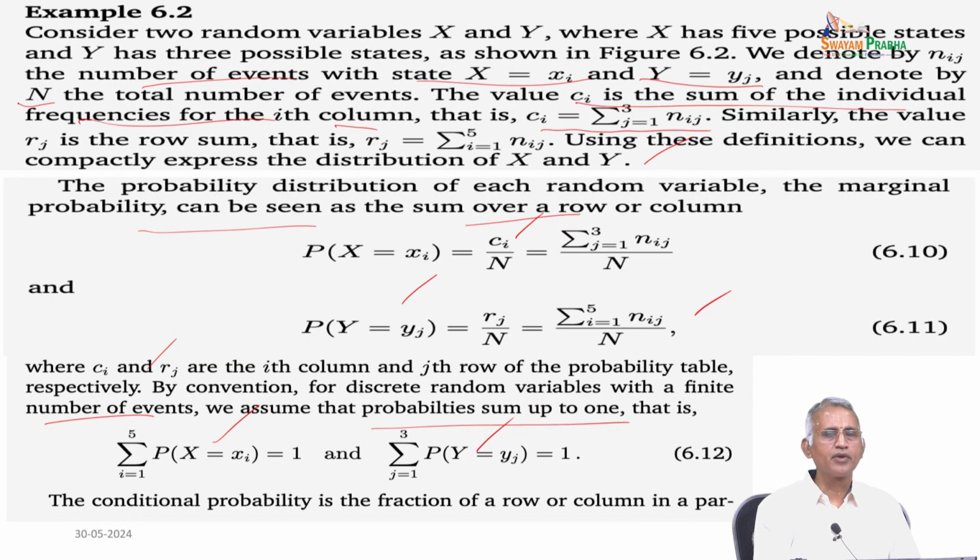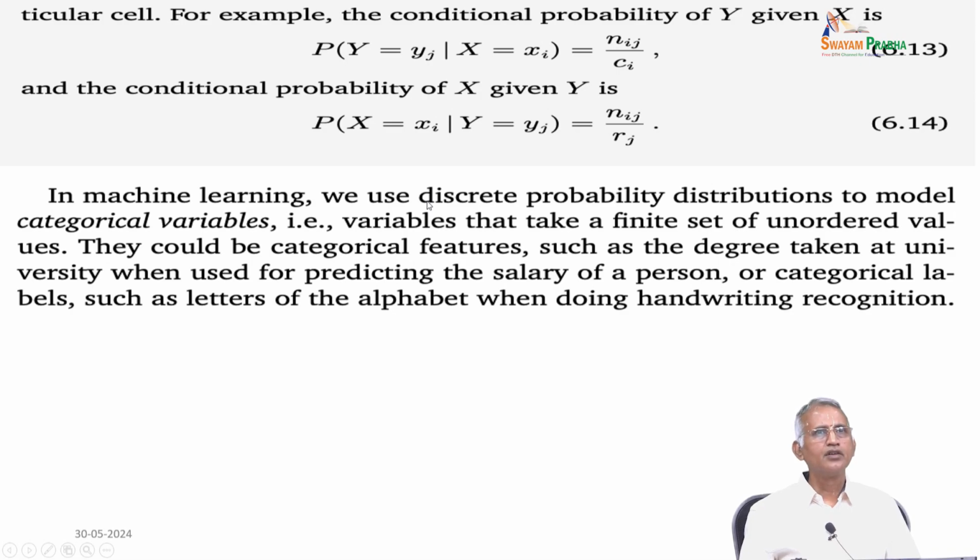So the conditional probabilities, one depends on the other. A conditional probability is a fraction of the row or column in a particular way. For example, the conditional probability of y given x is p of y equal to yj given x equal to xi, meaning y depends on x, and the value is nij by Ci, where nij corresponds to the joint distribution, the number of favorable outcomes, divided by Ci. The conditional probability of x given y is nij by Rj.